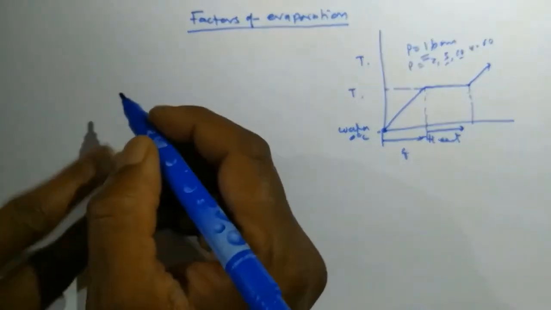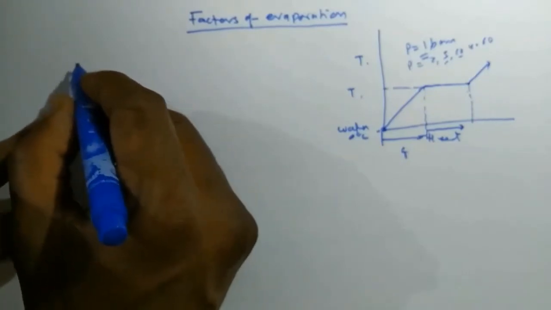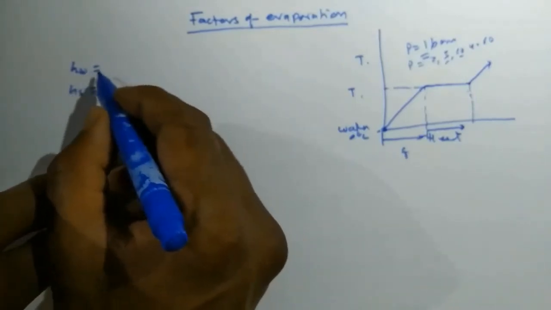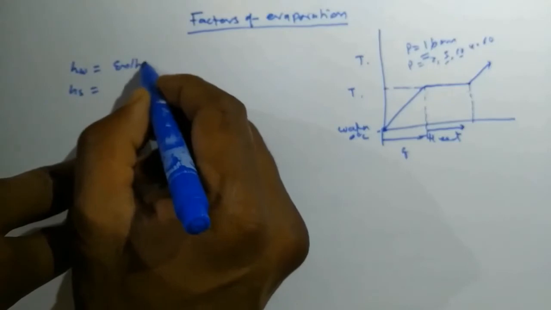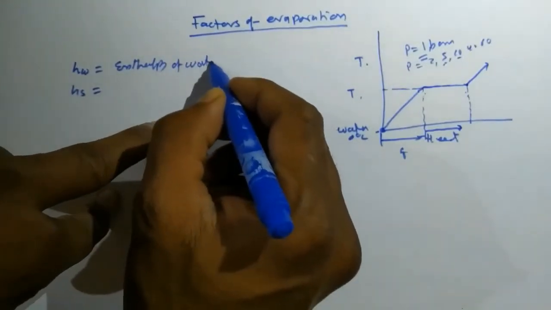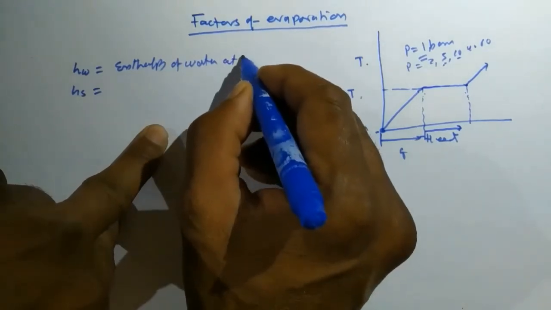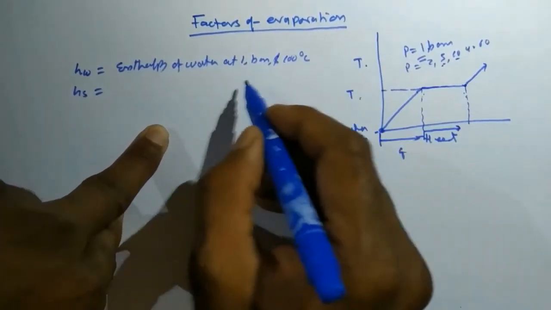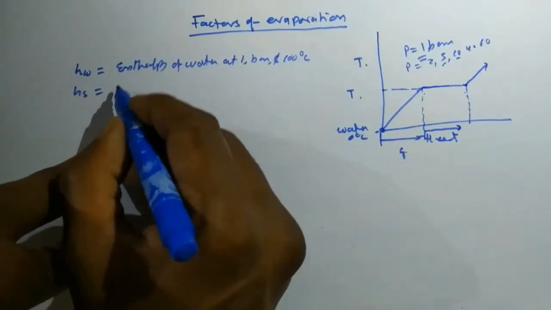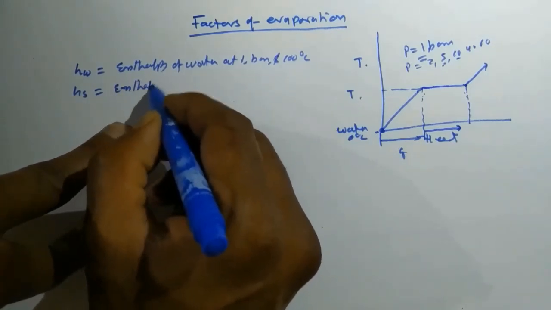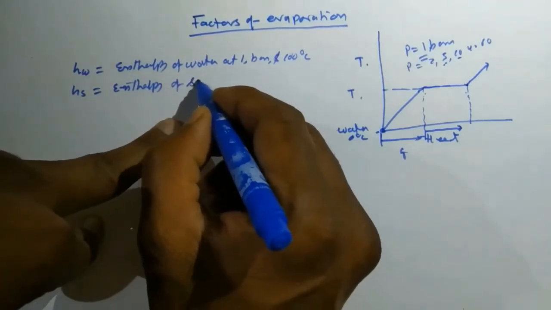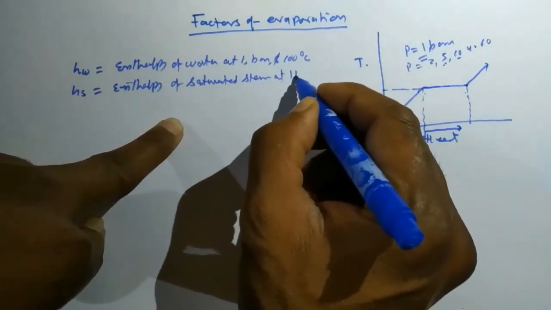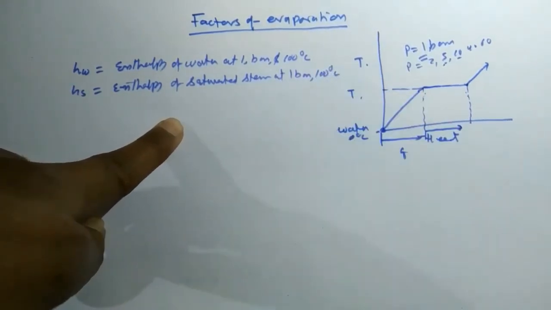Let us say Hw is the enthalpy of water at 1 bar and 100 degrees centigrade, and Hs is the enthalpy of saturated steam at 1 bar and 100 degrees centigrade.